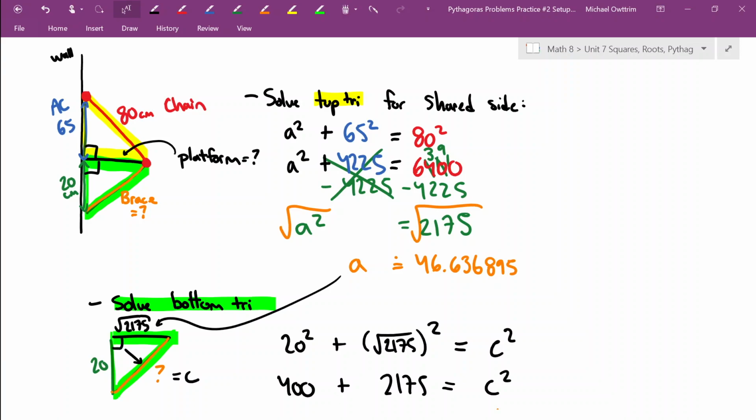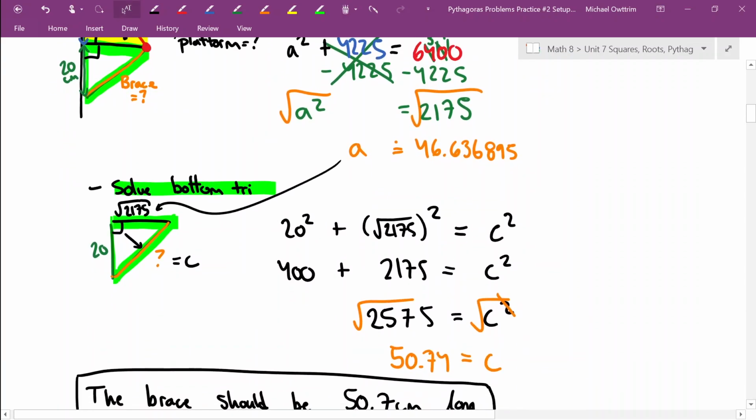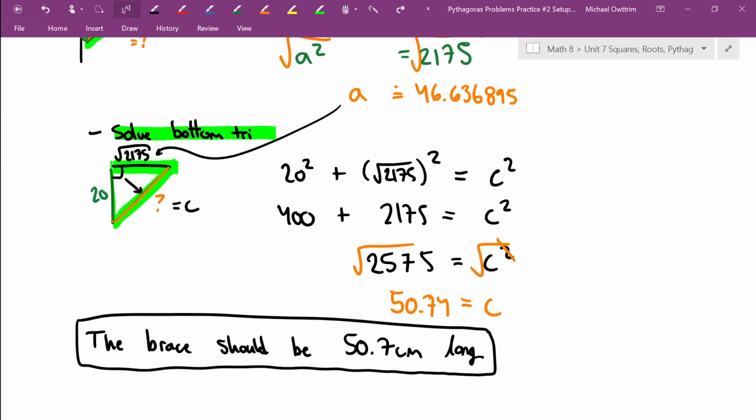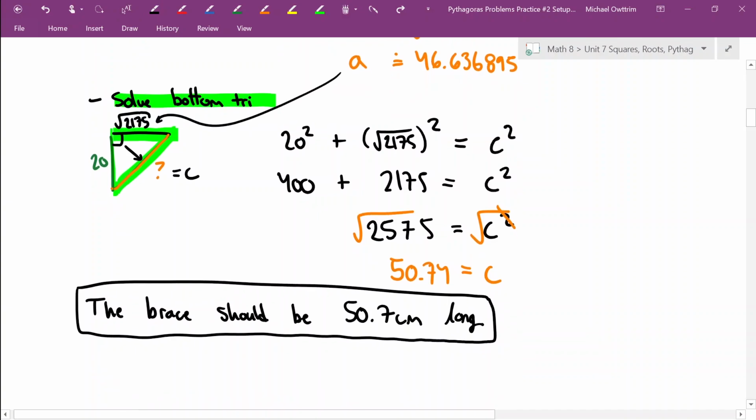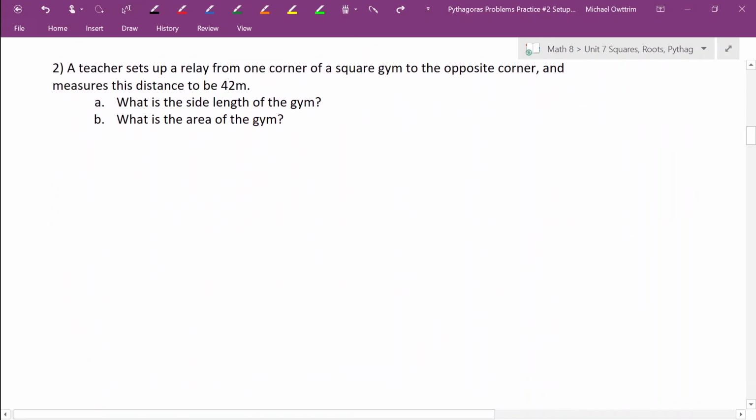As a decimal, that's approximately 46.6 centimeters, but we're actually going to keep it as the square root of 2,175 to keep it exact. We can then put that value into our bottom triangle here, and then use those sides to solve out that our brace is about 50.7 centimeters long. Again, if you need more time looking at that solution, you can pause the video or you can look at the posted solution on Google Classroom.